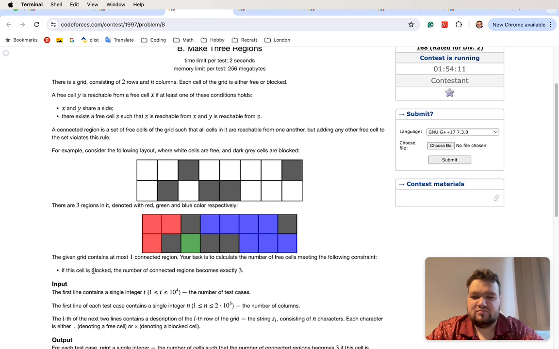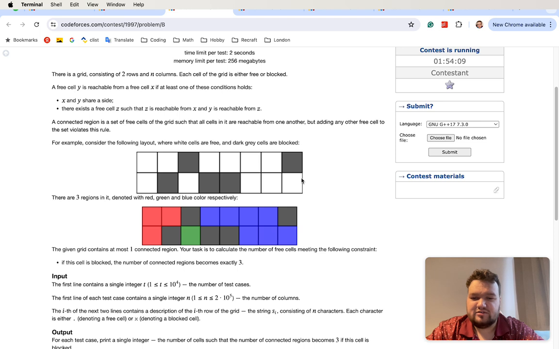Okay, in problem B, I guess we'll be working with this grid 2 by n. Each cell is either free or blocked. A free cell is reachable if it is reachable by sides, so by 4-connectivity, a connected region.